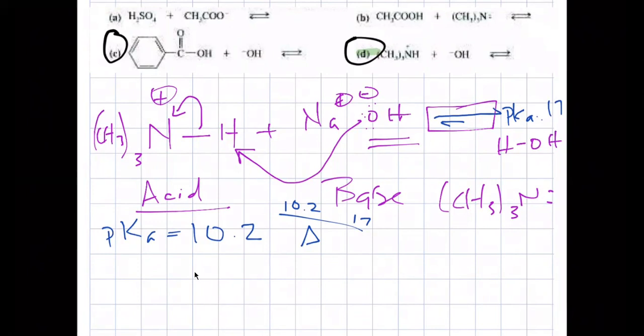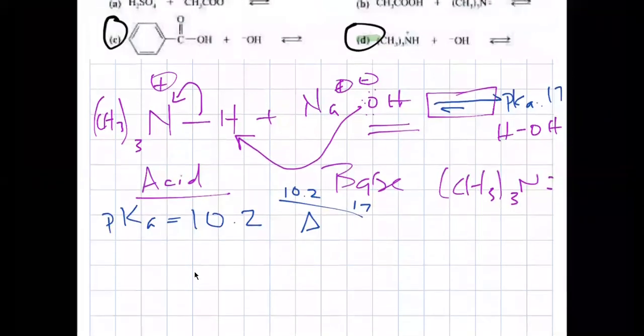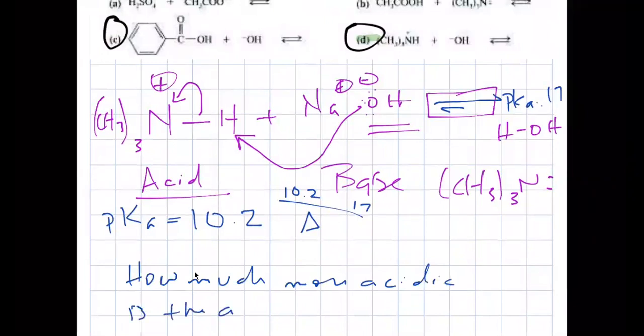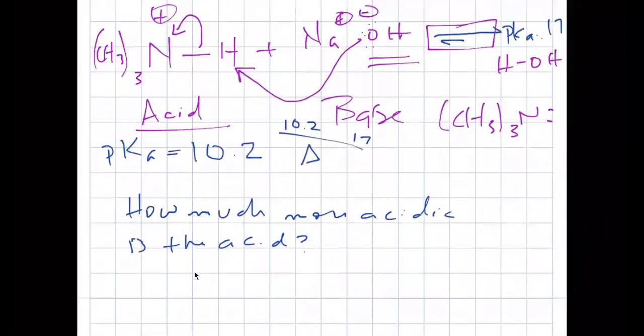So how many more times acidic is the acid than the conjugate acid? So how much more acidic is the acid?